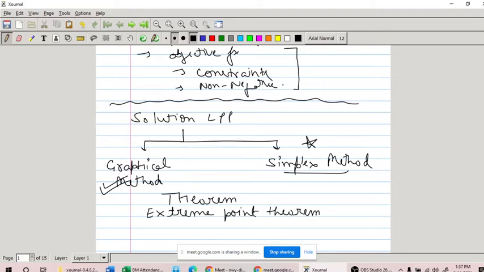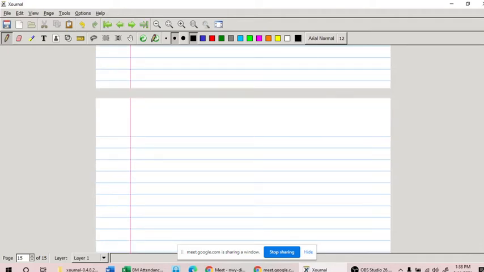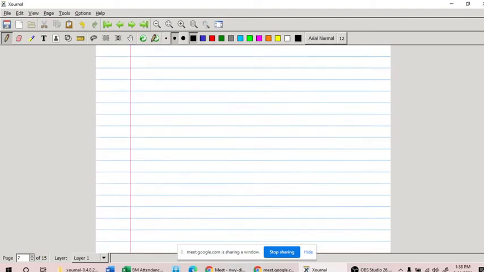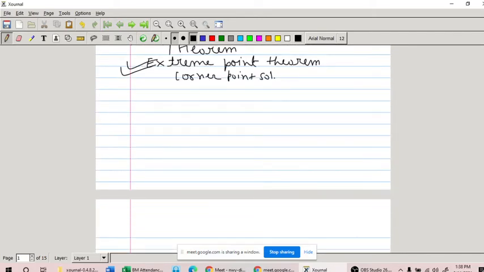Commonly you may have heard about this as a corner solution theorem, as a corner point solution theorem. So according to this theorem, you can get the solution of your linear programming problem on the corner points of the intersection of all the linear equations.